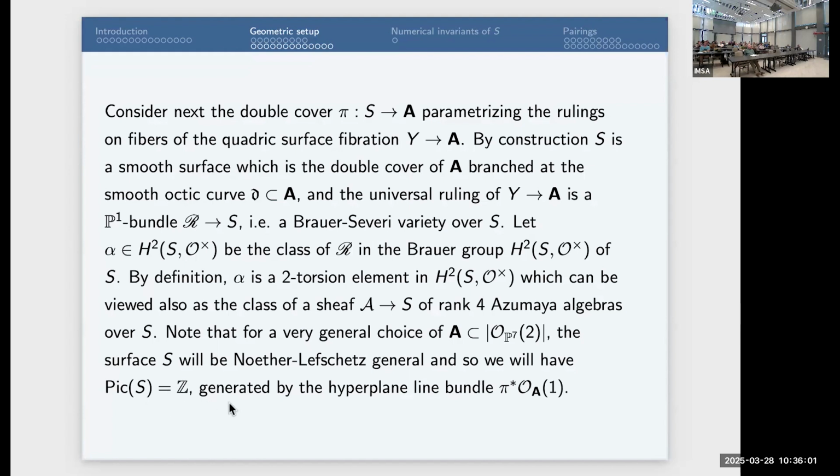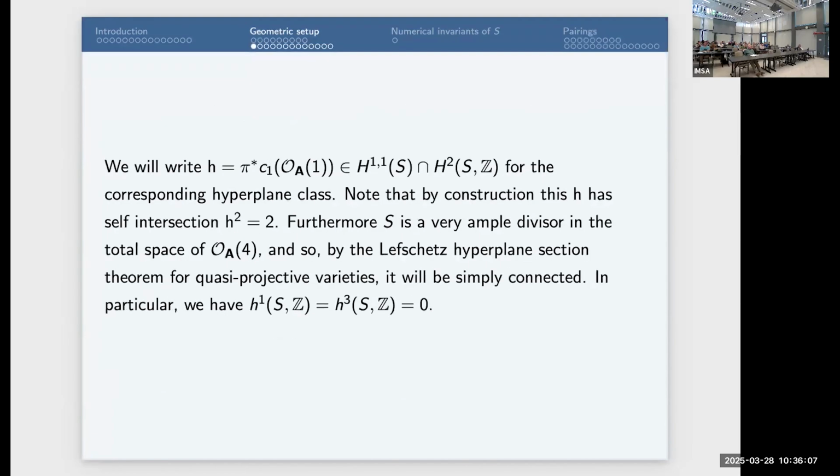As most of the integers generated by the generator. Okay, so let's take this generator for H. Going back to the section, it has some section 2. The line has some section 1. Furthermore, S is the ample divisor in the total space.